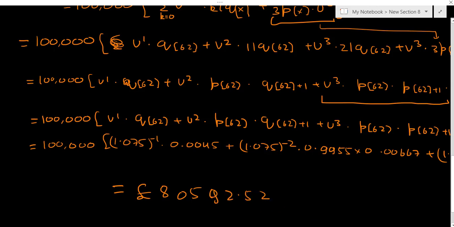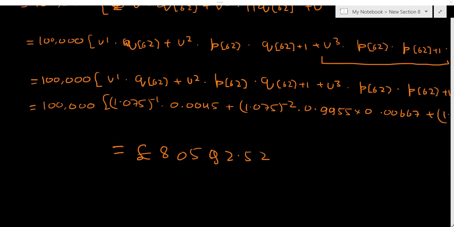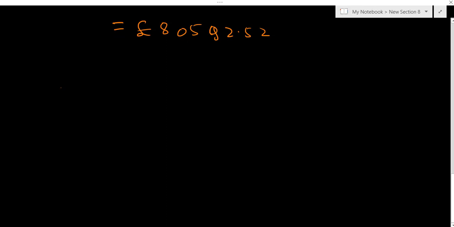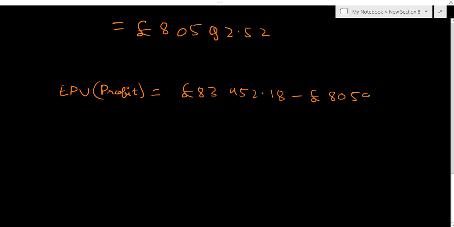Okay, and your EPV of profit is your EPV of premiums minus EPV of benefits, so that just becomes 83452.18 minus 80592.52, so it just becomes pounds 2859.66, okay.